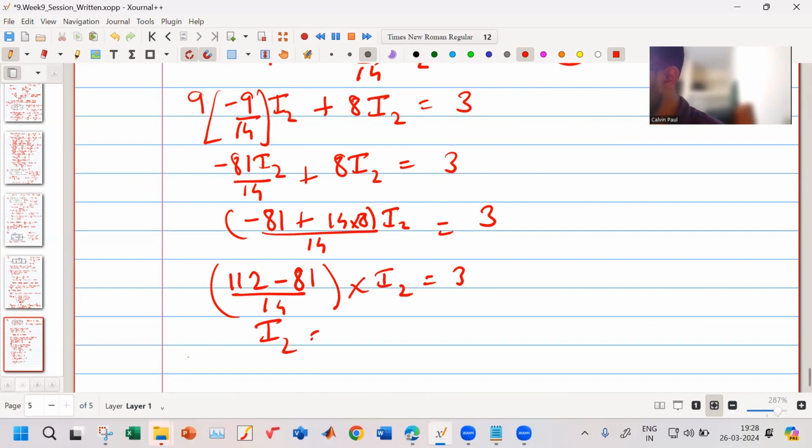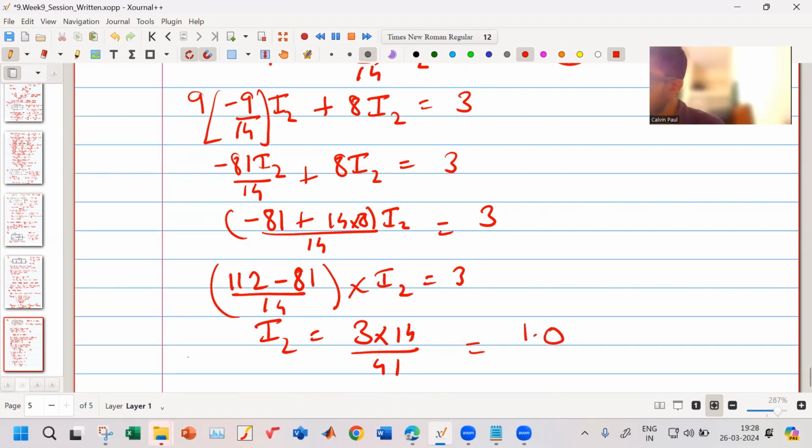So my I2 is equal to 3 into 14, 112 minus 81 is 31. So it is equal to 3 into 14 divided by 31.